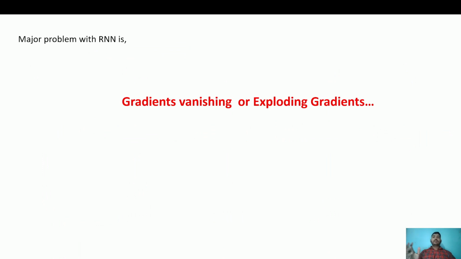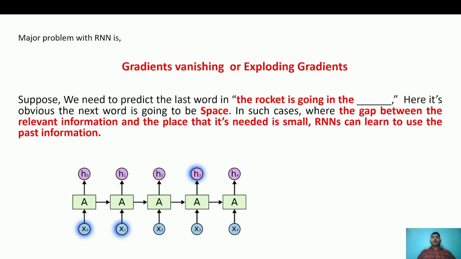Now the major problem with RNN is vanishing gradients, or we can say exploding gradients, right? So what is it? Suppose we need to predict the last word in "the rocket is going in the", and we need to predict what word will be in the blank, right? Here it is obvious that the next word is going to be space.